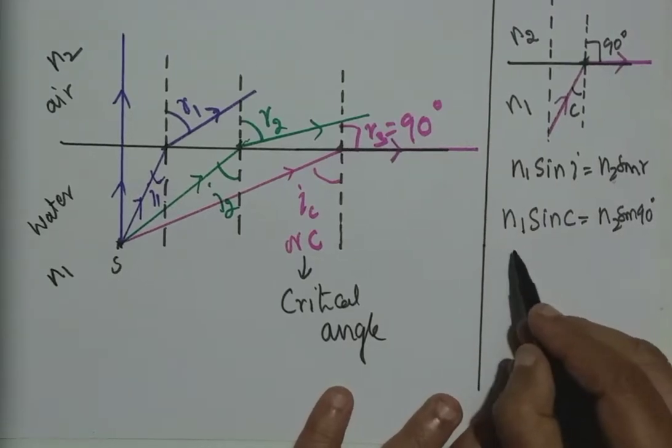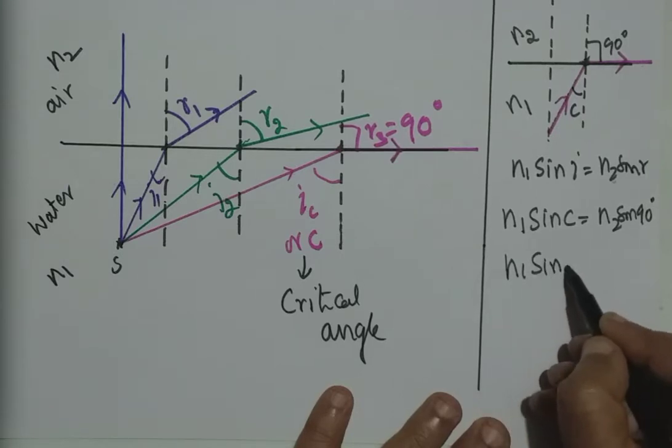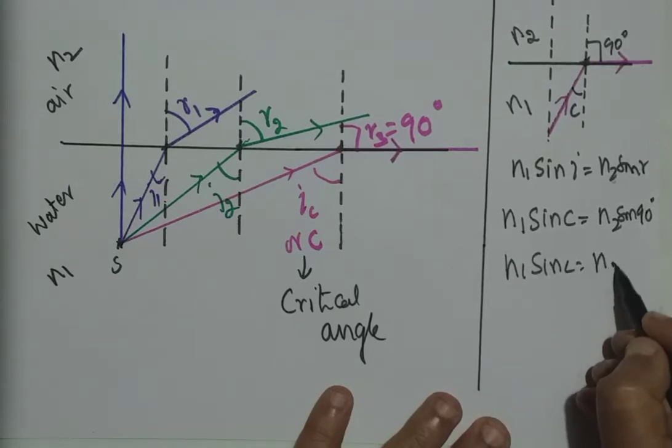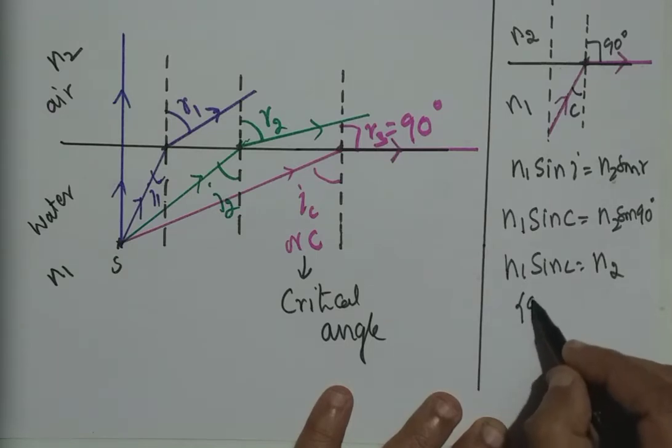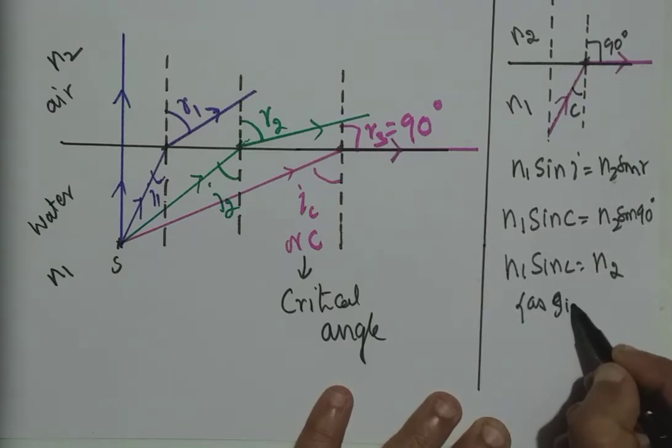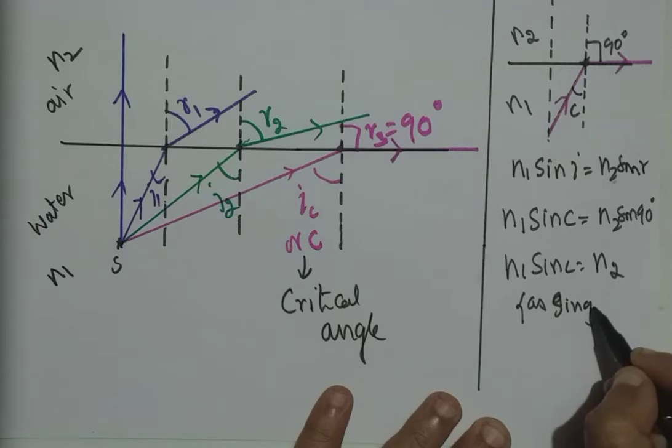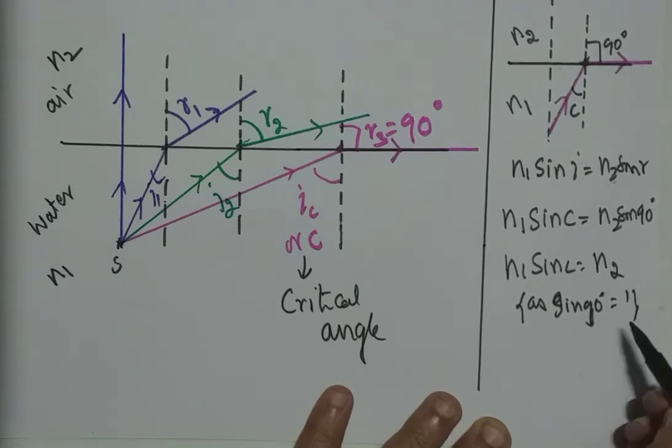N1 sin C equals N2 as sin 90 degree is 1.